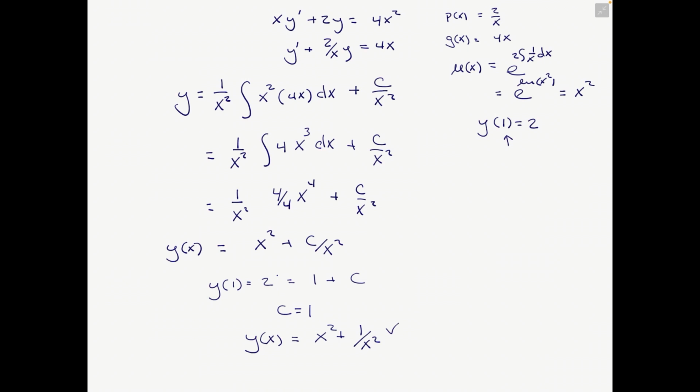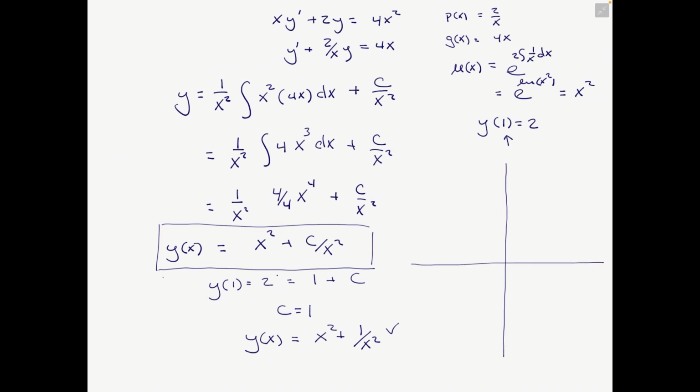But if c is arbitrary, if we left it in general form, we would have a family of curves for different values of c. And so we can have a parabola if c is 0.